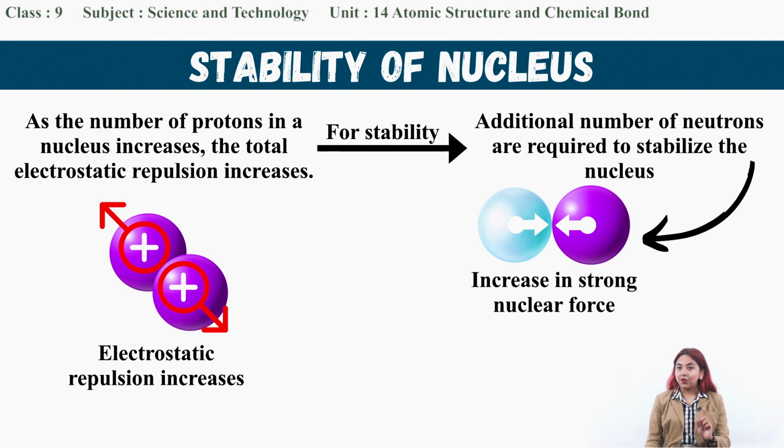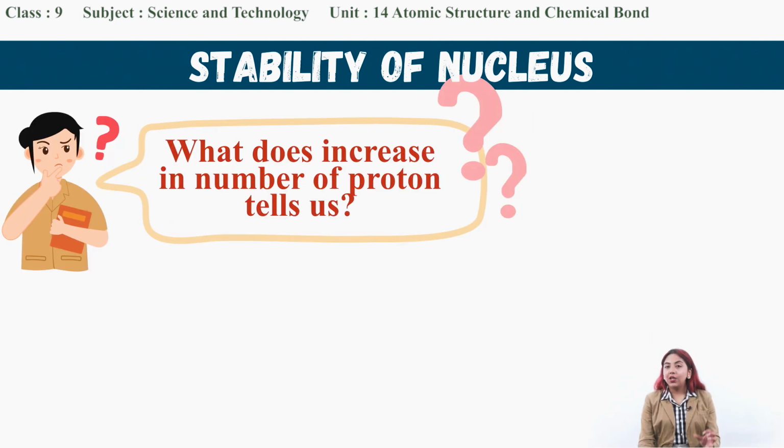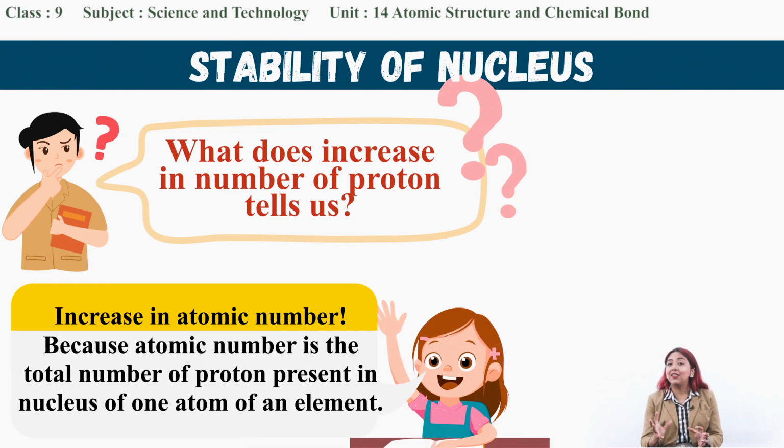Now, let me ask you a question. We have just mentioned that if there is an increase in the number of protons, the electrostatic repulsive force increases. So, what does it mean when you say that the number of protons increases? Can you guess? Yes, it means the increase in the atomic number. Why?